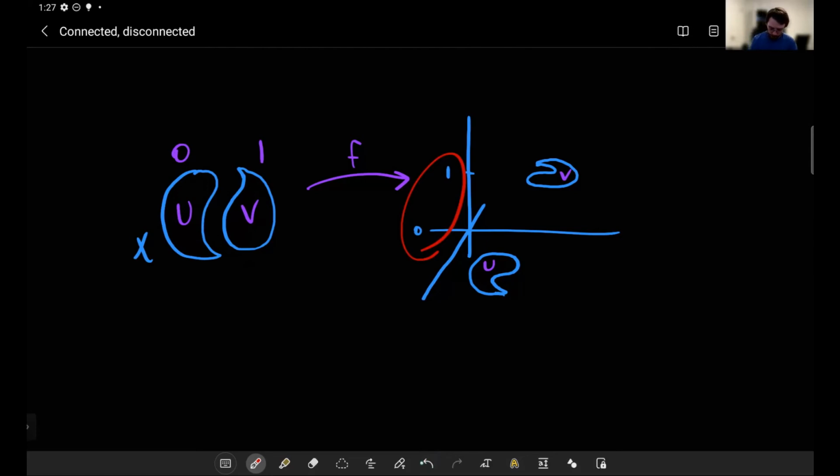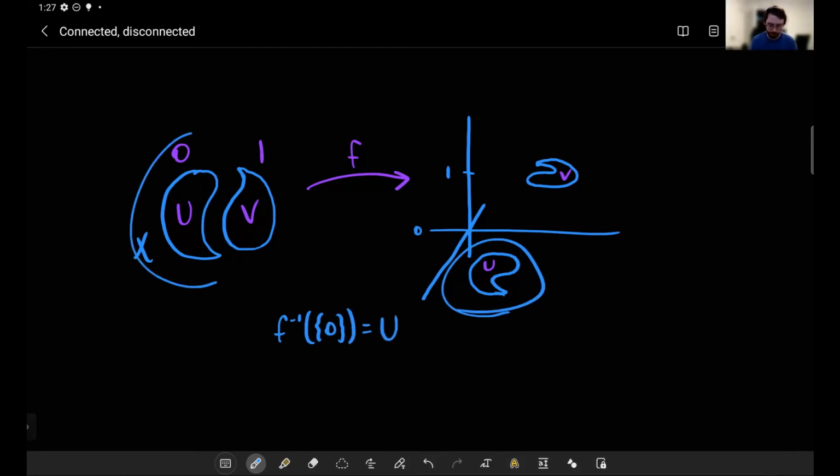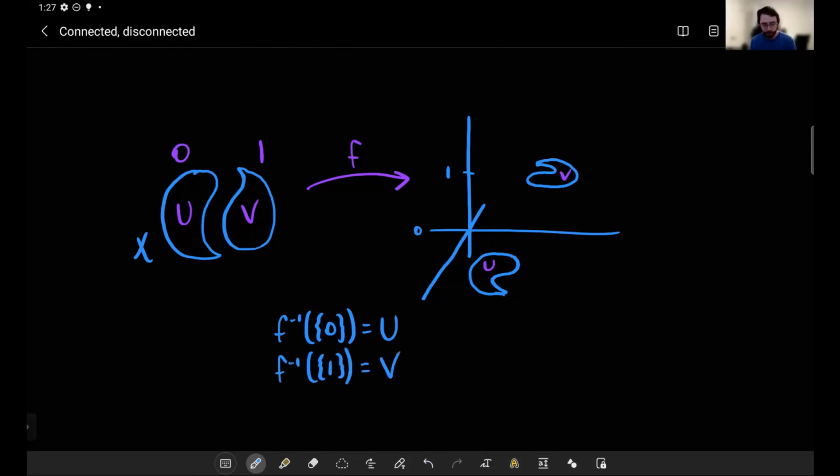But you can say that the preimage of 0 is actually U. Right? The set of all points that map to 0, well, that's the space U, the subset U. The preimage of 1, set of all points that map to 1, well, that's V. And by the discrete topology definition, both of these are open sets, right?